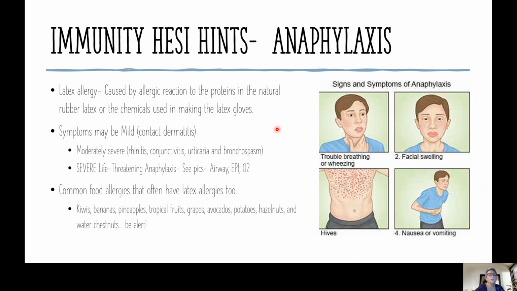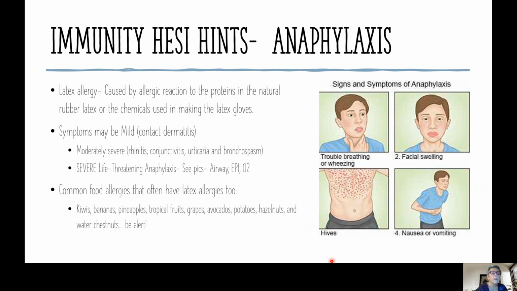If it's mild, the symptoms may be just hives. If it's just contact dermatitis or contact stuff, it would not, in my opinion, be considered anaphylaxis. That's a life-threatening thing. But if it's mild, you can treat it locally. If it's moderately severe, that could be rhinitis, runny eyes and noses, conjunctivitis, urticaria, the itching, or bronchospasms.